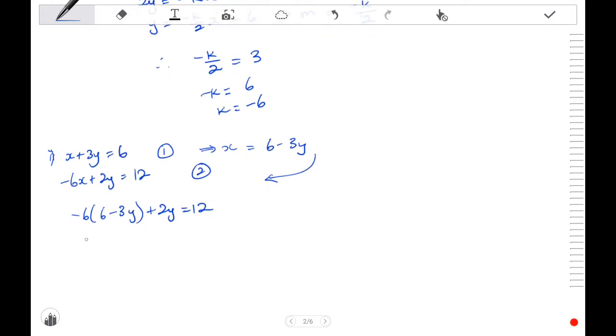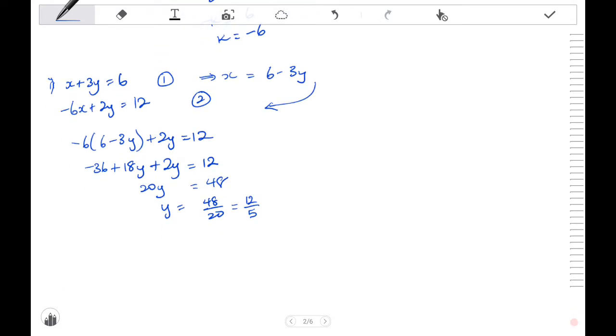So minus 36 plus 18y plus 2y equals 12, which gives 20y equals 12 plus 36, so y equals 48 over 20, which is 12 over 5.